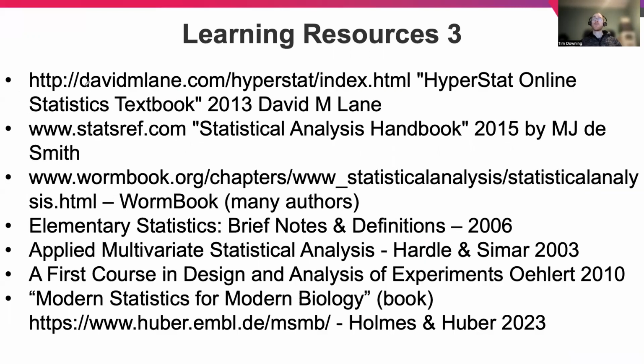And then there's a variety of major textbooks that are online. The HyperStat Online Stats textbook, StatsRef, is good. The Worm book is by shared authors, Elementary Statistics, Multivariate Statistical Analysis, which are already detailed. First Course in Design and Analysis of Experiments by Oehlert, and Modern Statistics for Modern Biology.